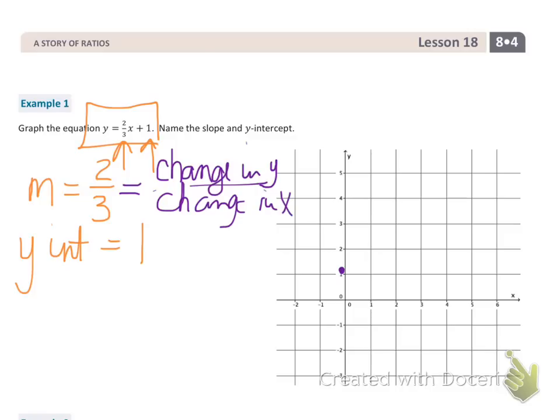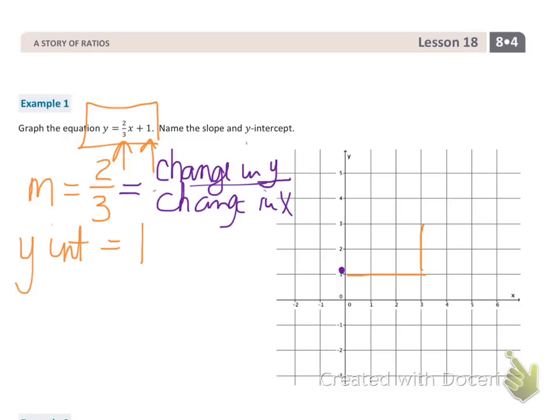Okay. Lots of different ways to think of it. It's the vertical rise over the run. So what we're going to do is look at how to find that next point using the slope. So with the slope of 2/3, the horizontal change is 3 and the vertical change is 2.